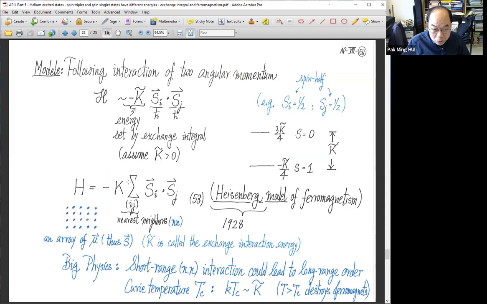So in a cartoon way, I say sum over ij pairs. The simplest thing is to sum up nearest neighbor pairs. Now, this is a very profound idea as well. By summing up nearest neighbor pairs, this interaction is short range.